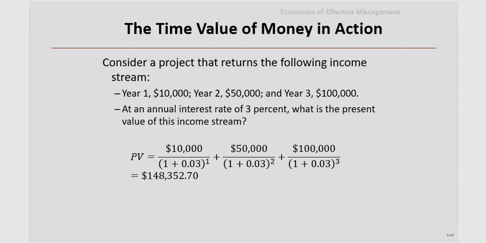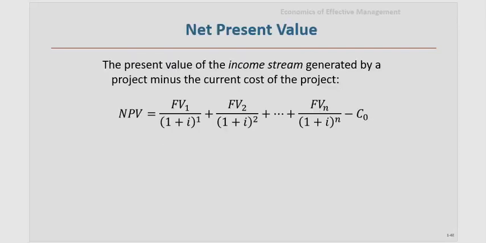And if the interest rate is 3%, the present value is going to be equal to $148,000. You can see from the present value formula, you just plug in those values and do the math, and you reach the number on the second line. So that might be the stream of benefits.